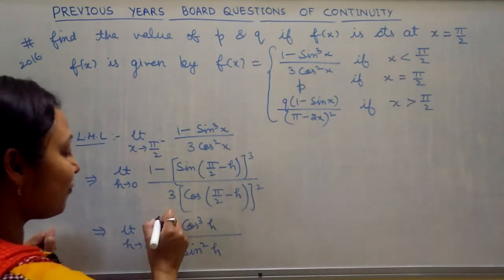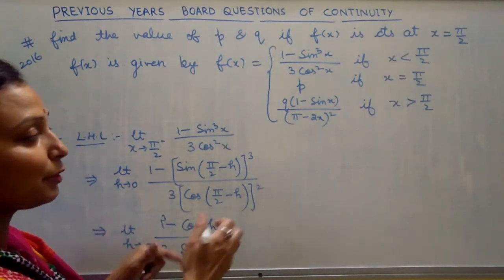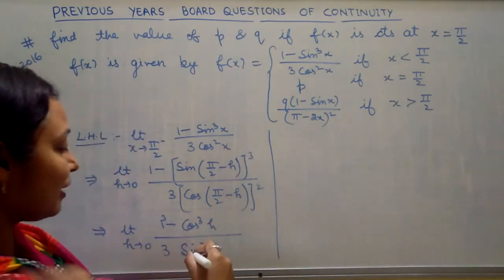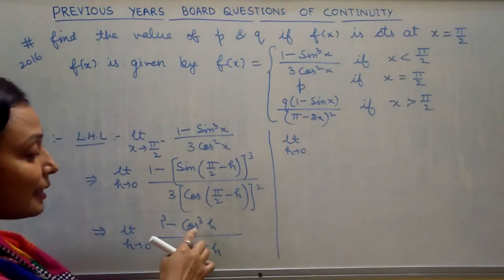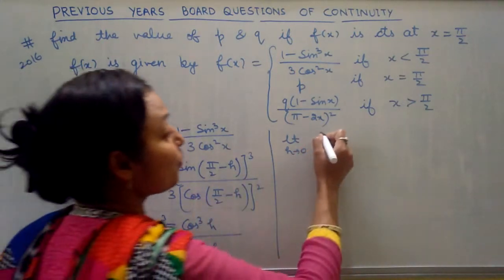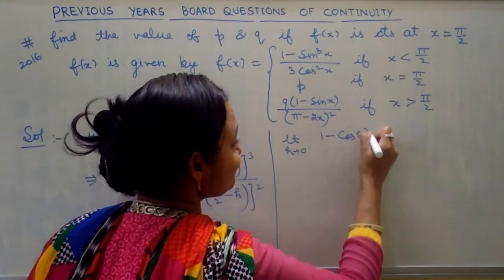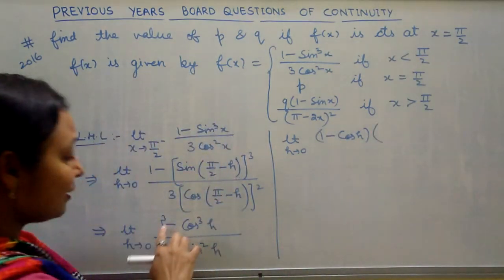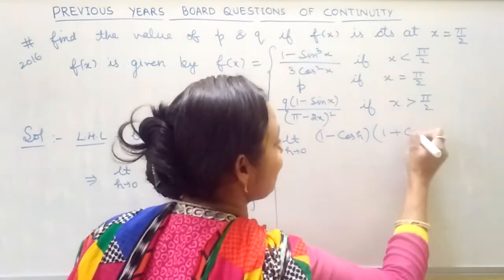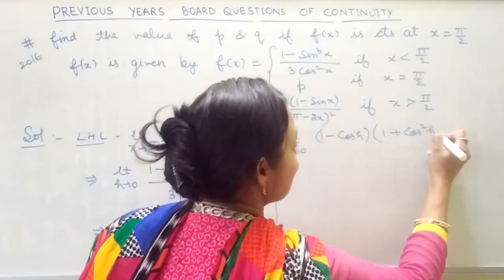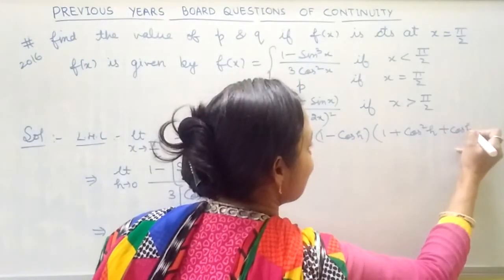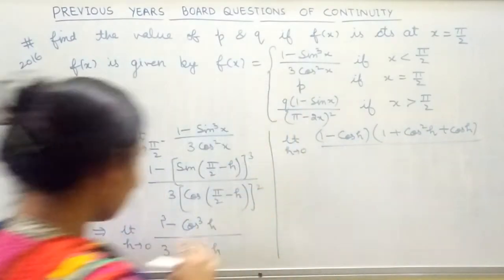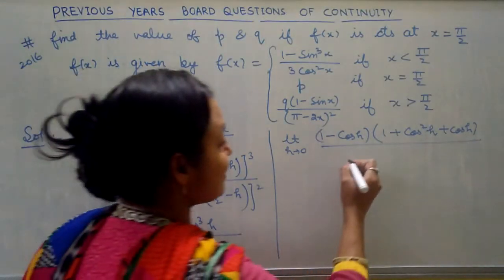Okay, now there is one formula of a cube minus b cube. I will apply that formula, that is limit h approaches to 0, a minus b, a cube minus b cube, a minus b into 1 plus a square plus b square plus ab, that is cos h, right? In the division we have 3 sine square h.